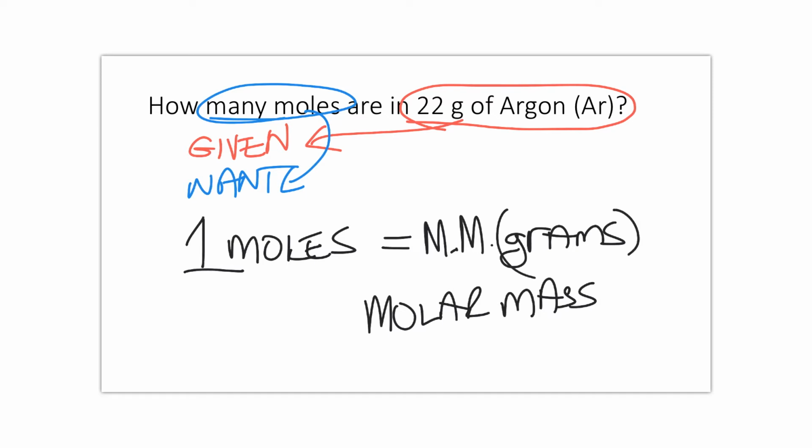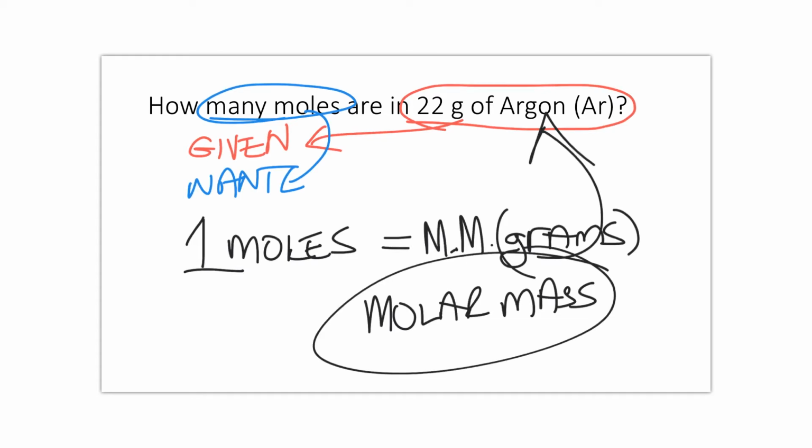Okay, so now I know what type of things I'm going to need here. I need to find the molar mass of what? I need to find the molar mass of argon. So I'm going to look that up in my periodic table. Now the given, I already know it, and now I can set up my problem on the next page and get everything solved and do the conversion.